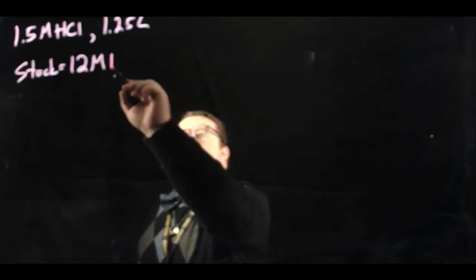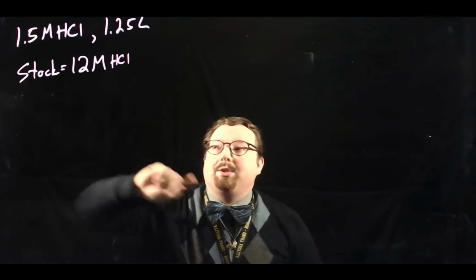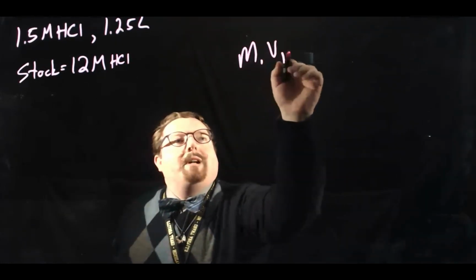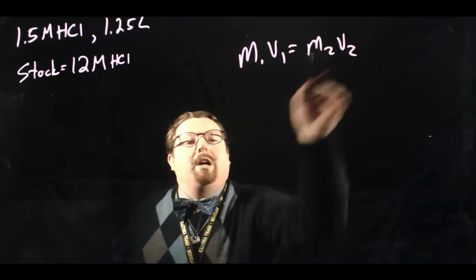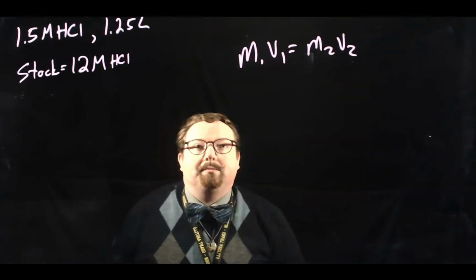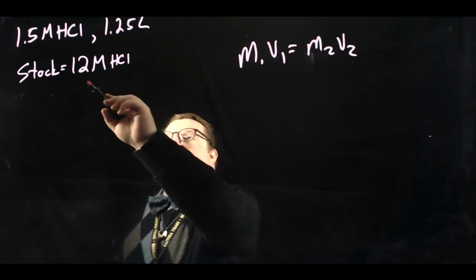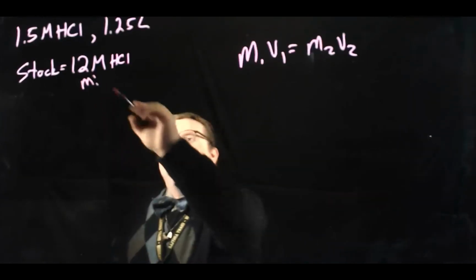All right, our last problem says that we have a stock solution of 12 molar HCl, and we want to create 1.25 liters of an HCl solution that has a 1.5 molar concentration. So when you're dealing with liquids as your starting point, you need to use your M1V1 equals M2V2 equation, your dilution equation. In this case, M1 is your molarity of the stock solution.